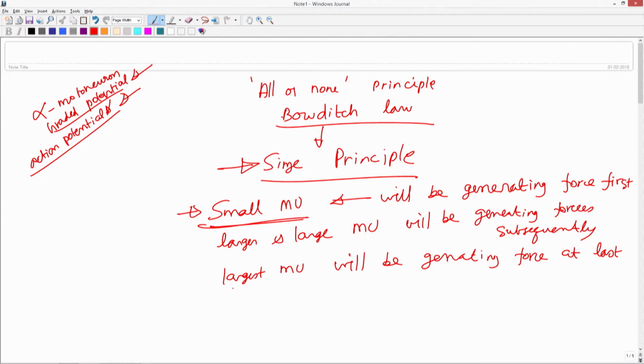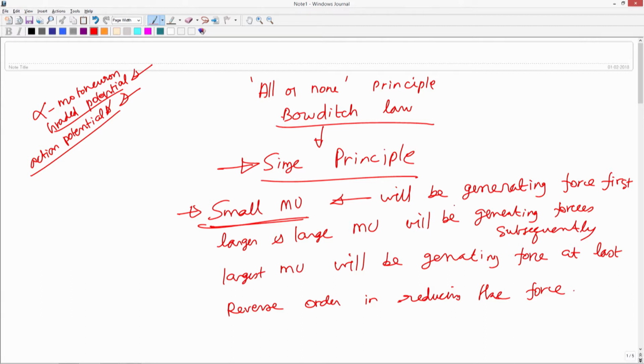Suppose you are reducing the force, what happens? Then the reverse order will happen, the reverse order in reducing the force. When reducing the force, the largest motor unit will be dropped first, the smallest motor unit will be dropped last. Okay.